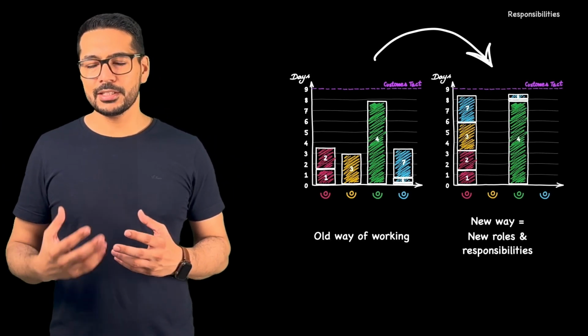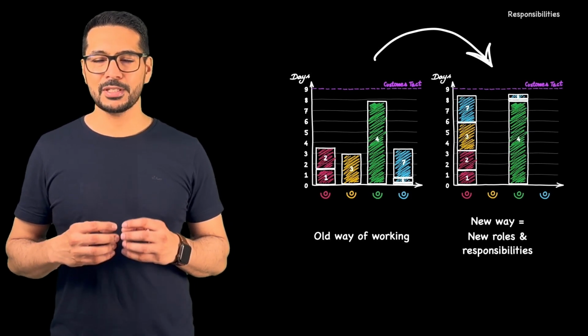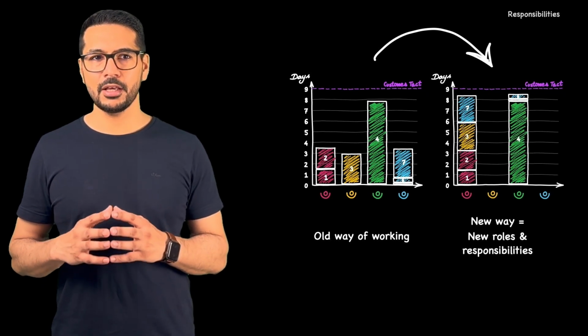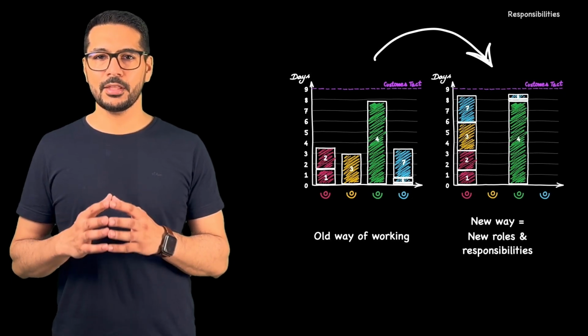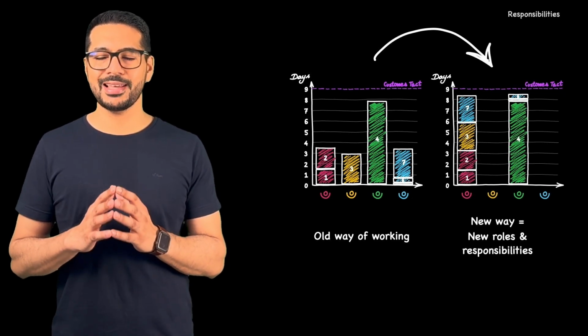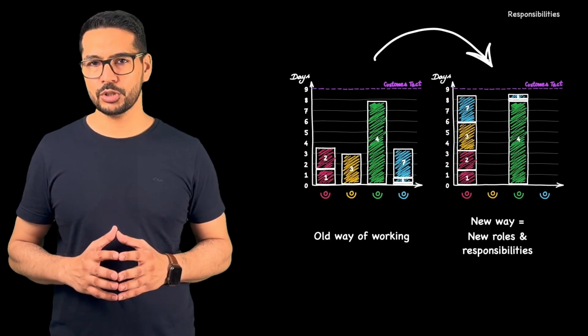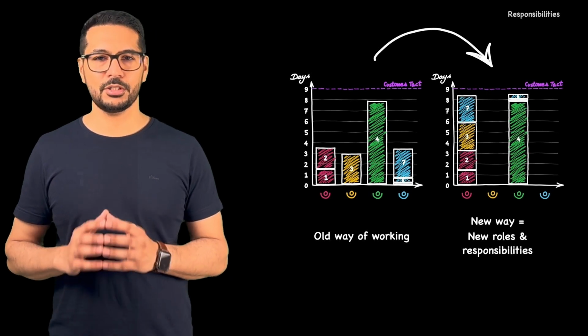With this change in the way we were working before, it becomes very important that we clearly define this new way of working and document it, that this is how the best practices in this area are and this is how it should be done. So clearly define the new roles and responsibilities.